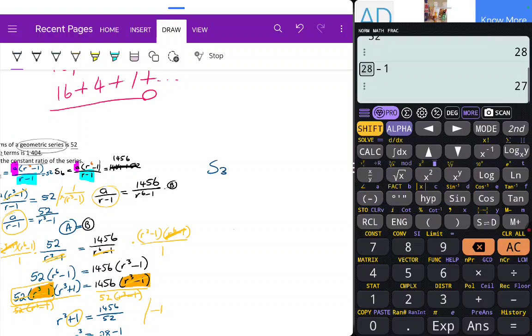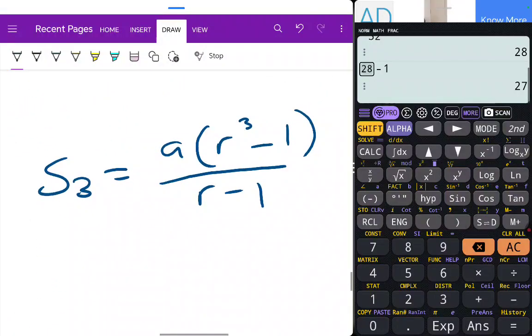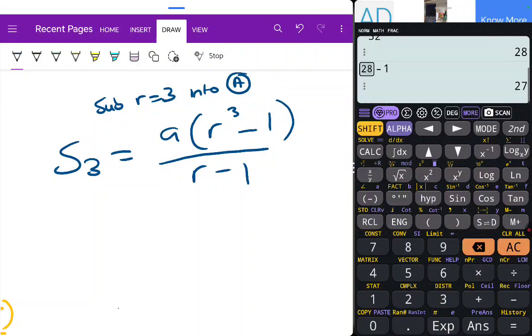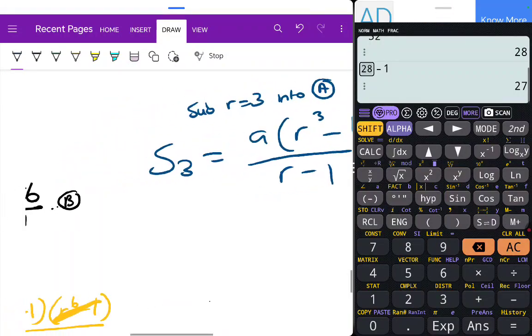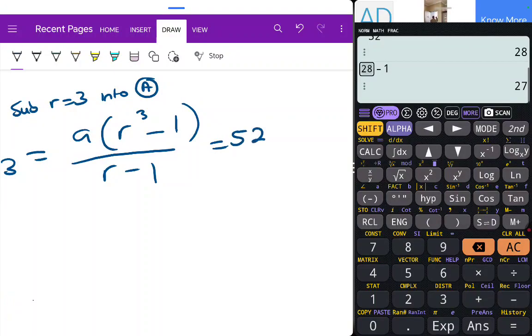So S3 is equal to A (r³ minus 1) over r minus 1. And we are going to substitute R equals 3 into A basically. So this means, and this is equal to 52 if I'm not mistaken. Yeah, this equals 52.